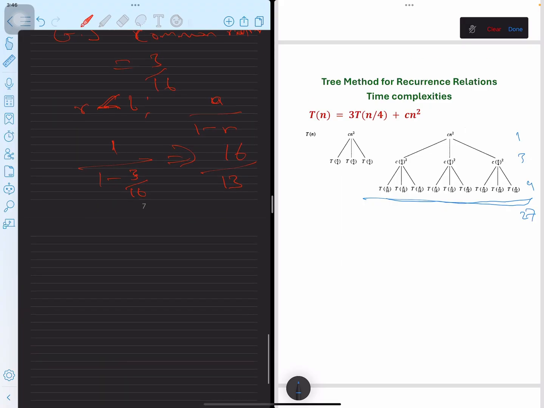With that said, I can now tell that T of n is going to be Cn squared times 16 over 13 plus n to the power of log 3 base 4. So when you have something like this, you go with the highest growing term, right? So T of n will now give me big O of n squared.